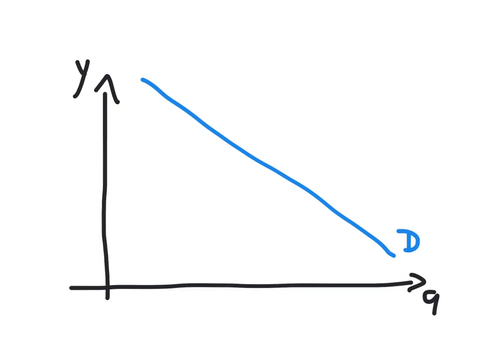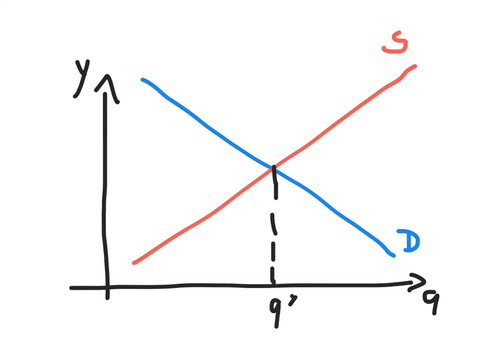And then we have the supply of hand sanitizer, which increases as prices go up. And we have an equilibrium quantity, and oops, what did I do? I wrote y-axis instead of price. It says price. We have an equilibrium price as well.